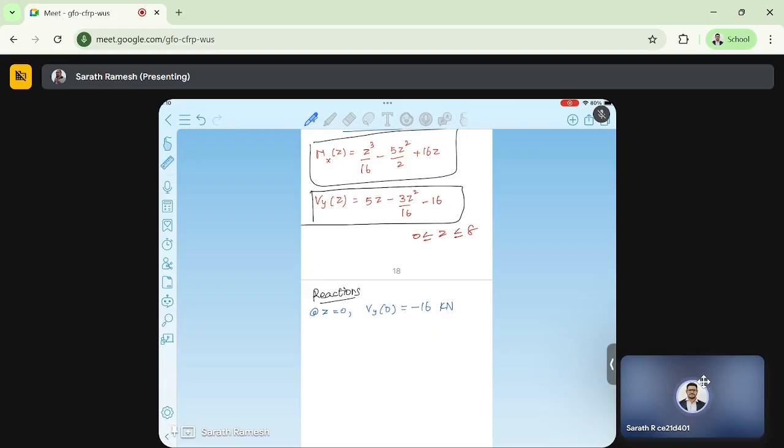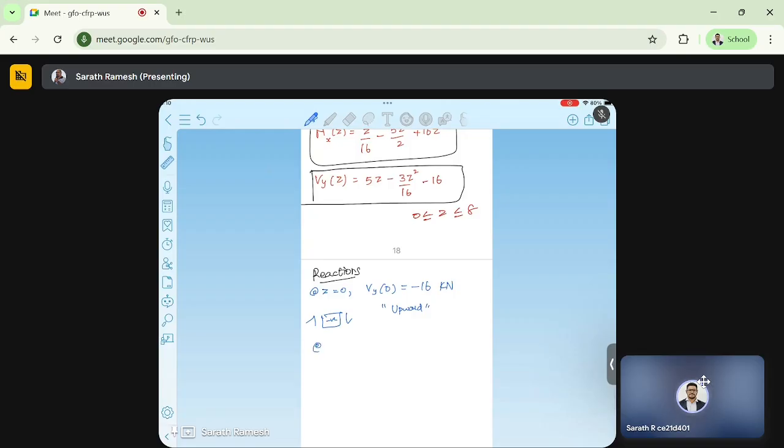Minus 16 means what? Shear force is negative. So negative shear force means left side upward, right side downward. At A, my section is at the left side. So my reaction will be upward. Okay, upward 16.